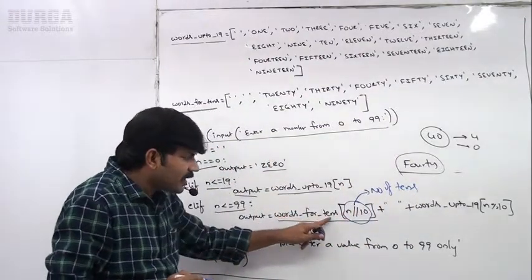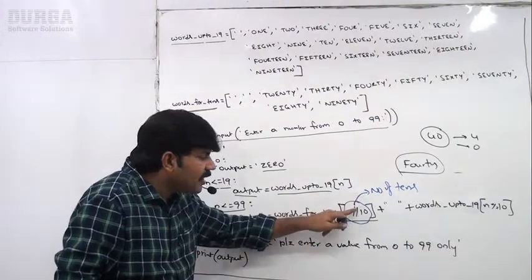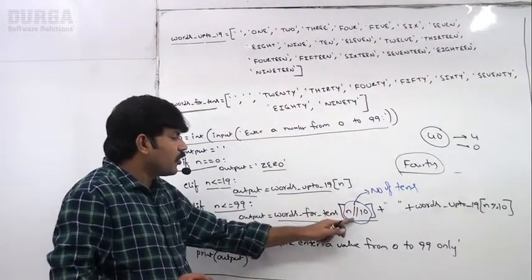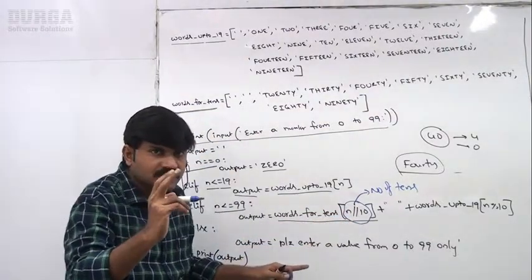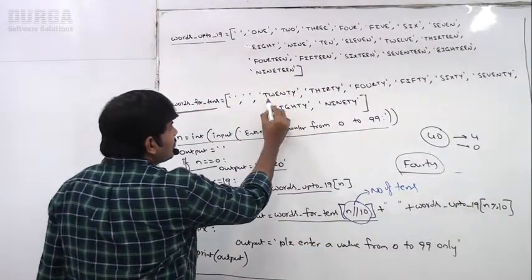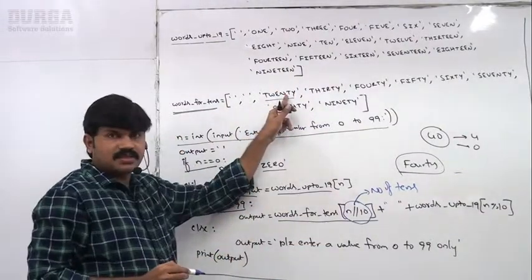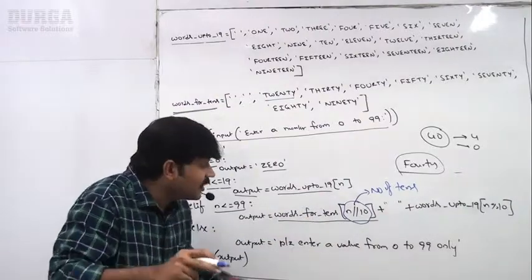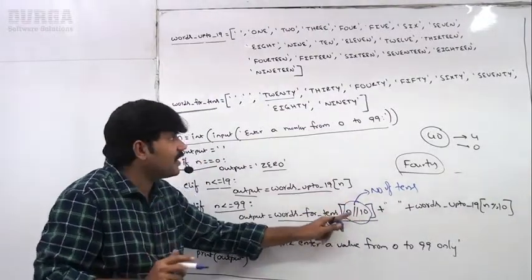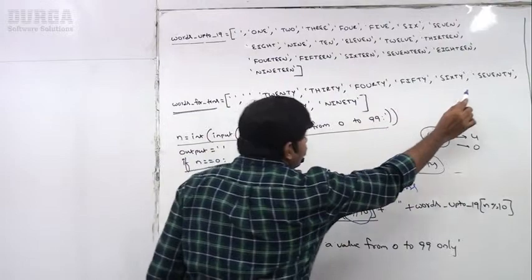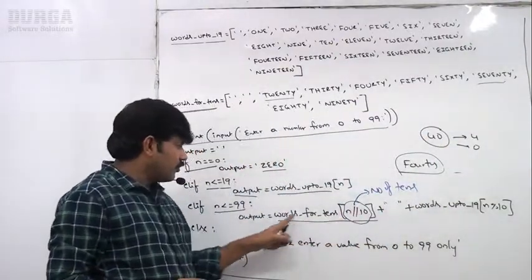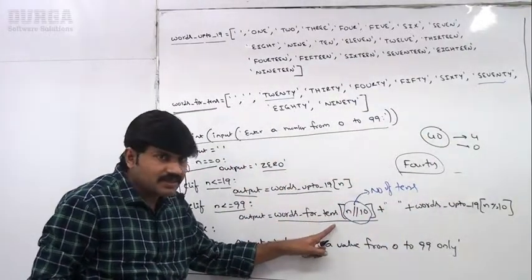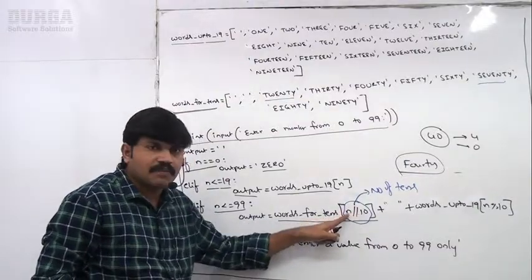Based on this number of tens, the corresponding word I am going to select. If 2 is the number of tens, at the second index, 20 is there. If the number of tens is 7, at the 7th index, 70 it is going to take. Words for tens will be selected based on the number of tens.